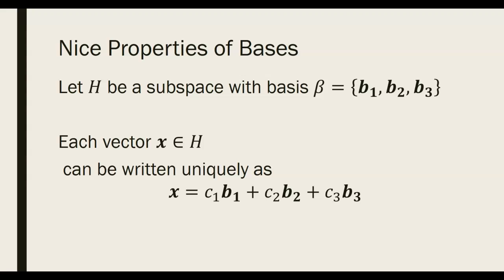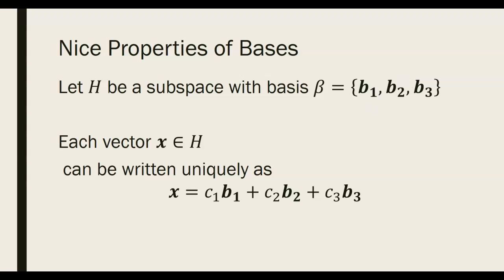But it turns out that there's a really nice property of a basis. So let's assume I have a basis for a subspace H. Now we know that if this is a basis, it has two properties.